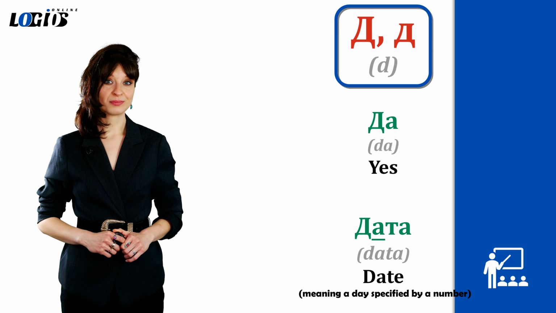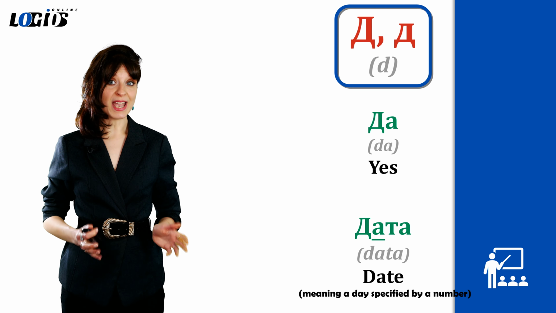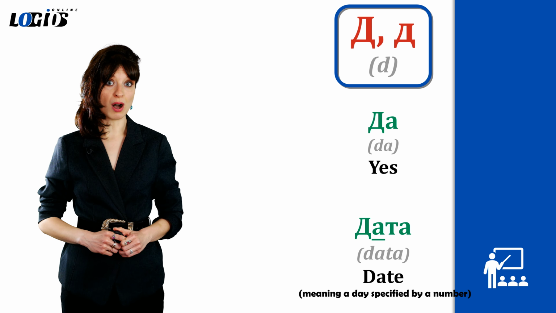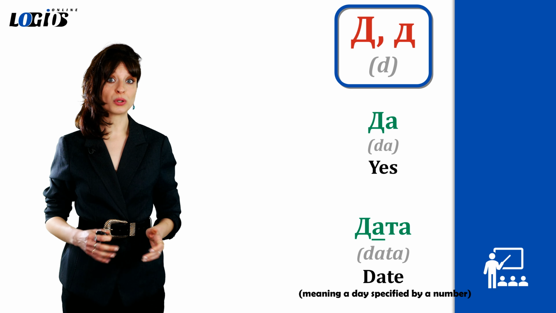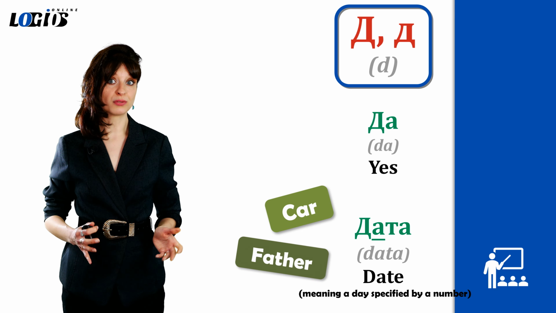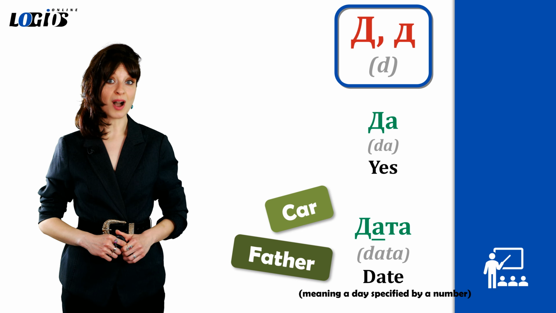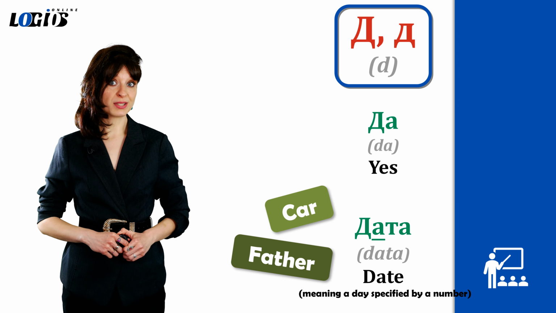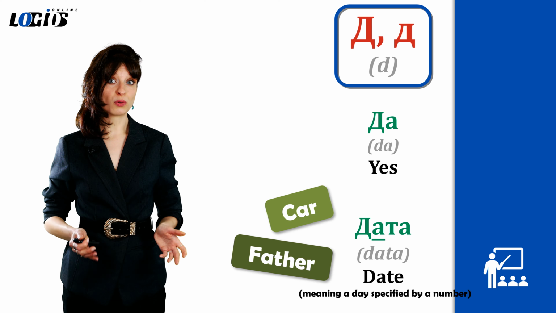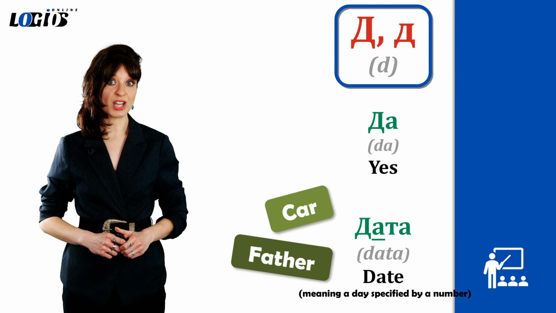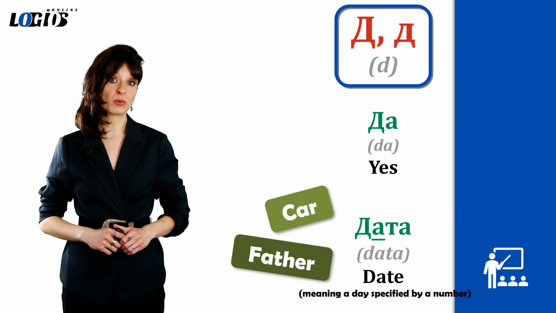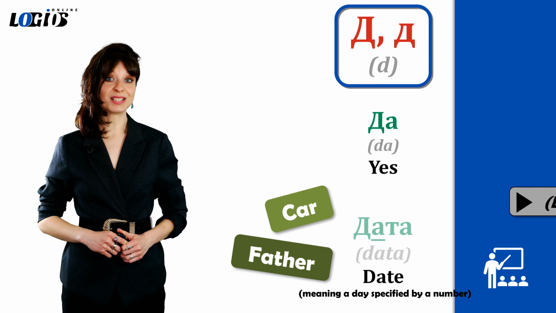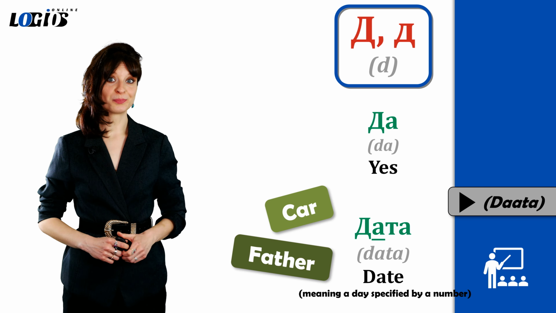So don't read A like in English, because you know that in Russian, the letter A is pronounced like in the words car or father, for example. Besides, the first A is stressed. Therefore, you have to stretch its pronunciation, say it louder and more clearly than the other A. Data.